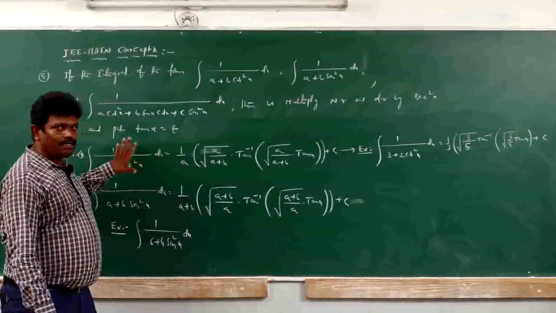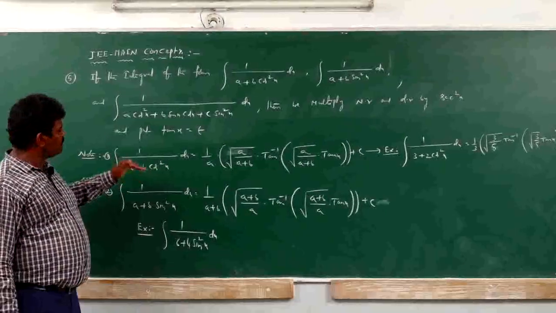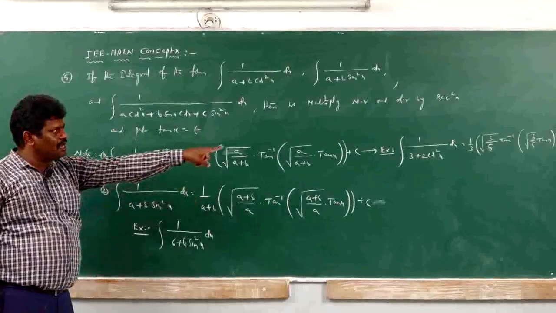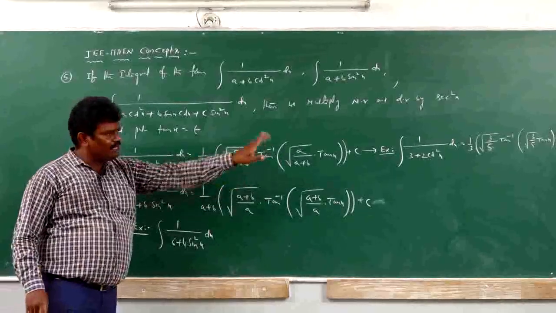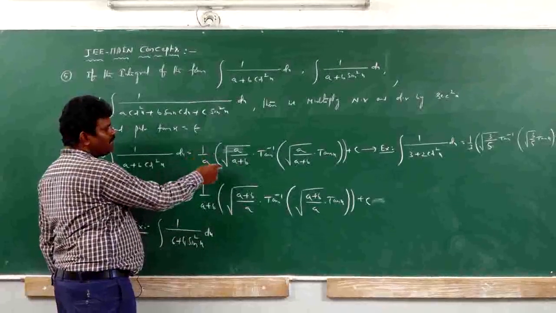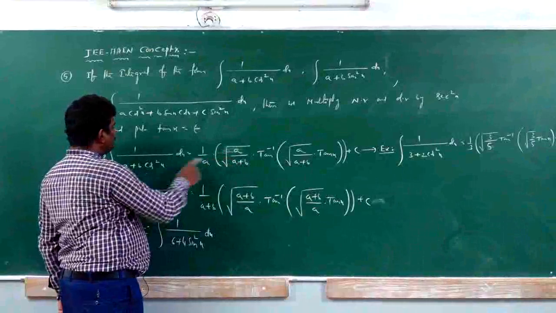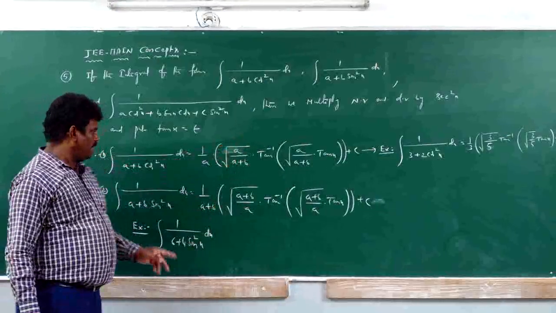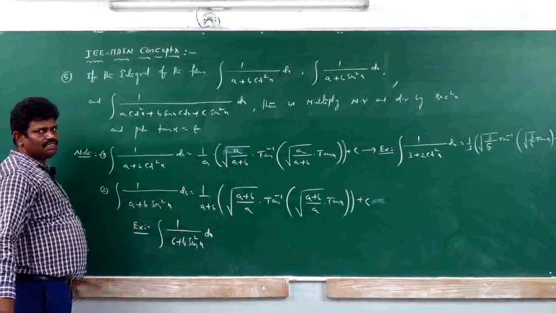So this method, where you divide and multiply by secant square, or this short method for this type of model: if you remember this model, this is the constant value, a, not common, multiply 1 by a into square root of constant value by sum of the constant and cos square coefficient. And similarly for sin square x, just reverse.